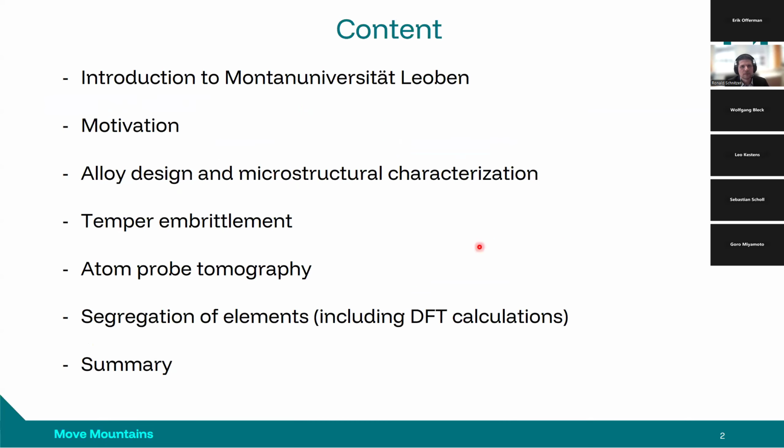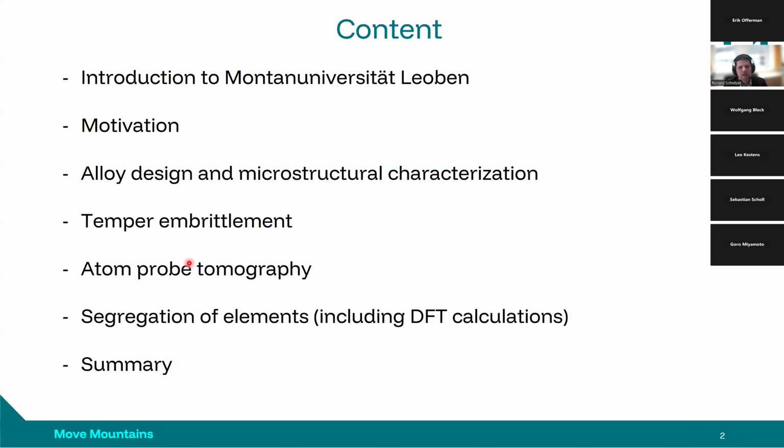So the content of my presentation will be: first, I'd like to start with really only 2 slides of introduction to Montanuniversität Leoben. Then I will try to outline the motivation of our work, and then I will jump into different topics. As it is intended to be also a general lecture, when I tackle these topics I always try to put a little emphasis on the methods we are applying.